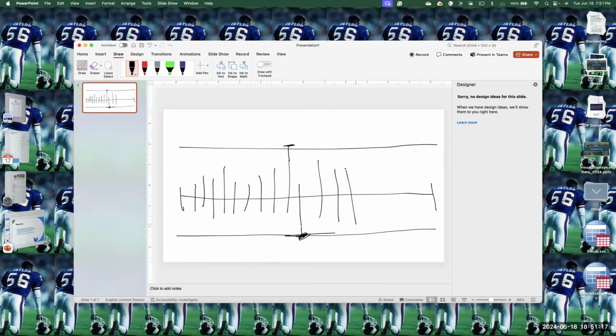If it was 95 different samples, you see the point I'm trying to make there? What I can say with some confidence is that the true mean is somewhere between here and here. Does that make sense to everybody?